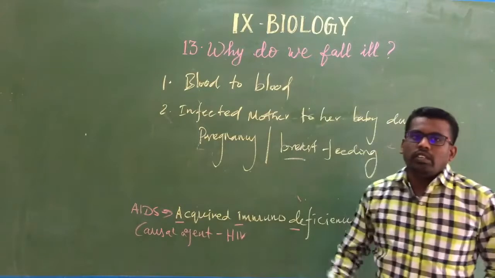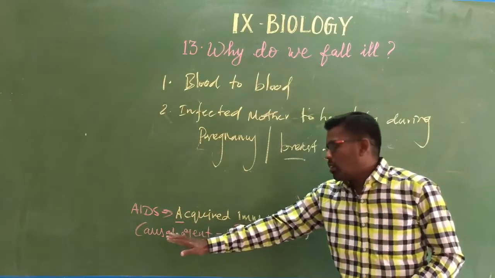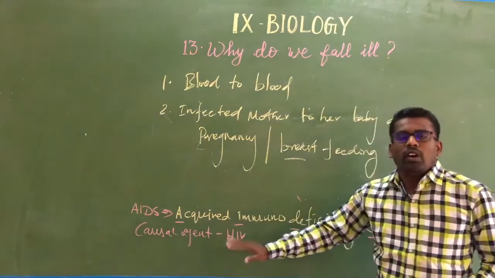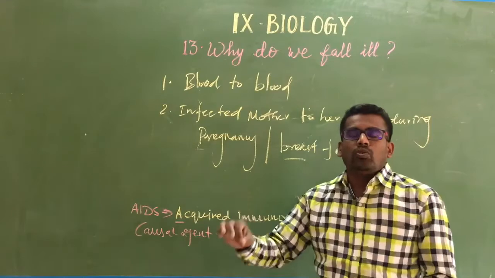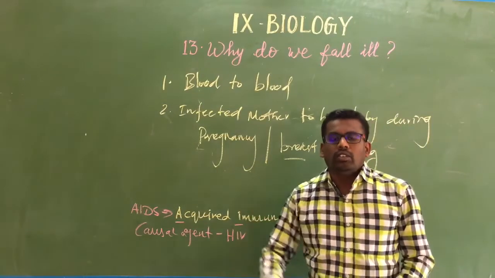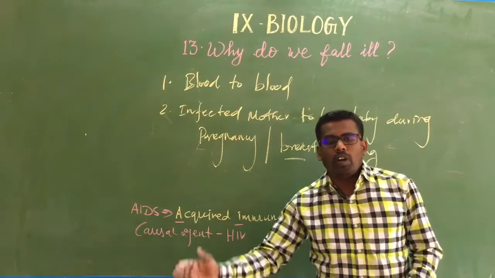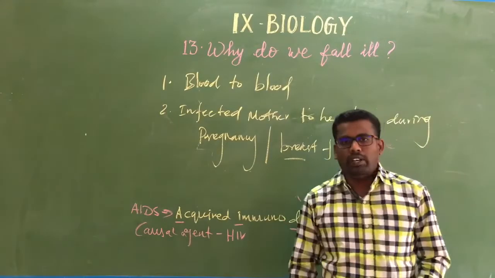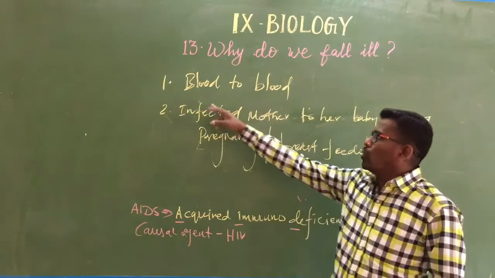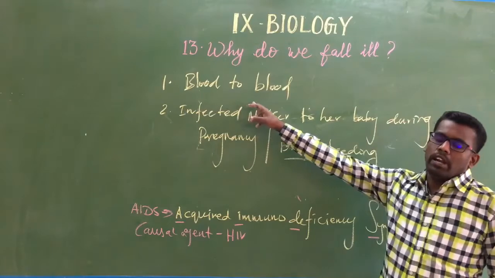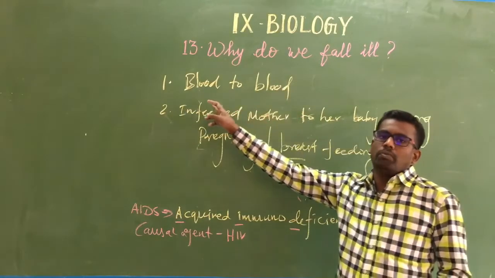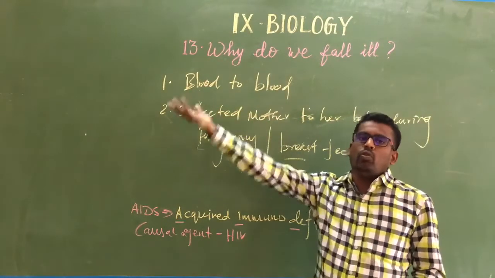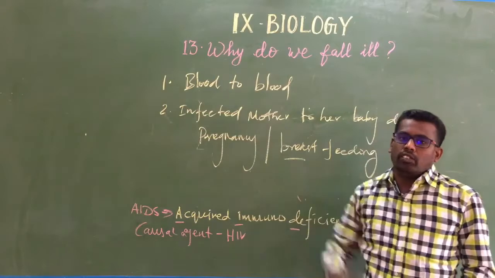Again, AIDS is one of the diseases caused by a virus. How does it transmit? Through sexual contact from one partner to another. It may also spread through blood transfusion: if an infected person donates blood, it may transfer through the blood.